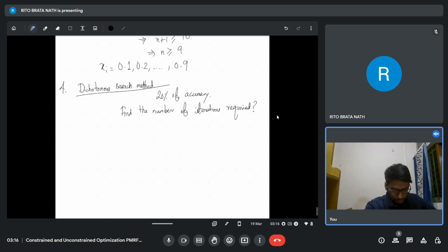In this problem, Ln is nothing but L naught by 2 to the power n by 2 plus, say, delta times 1 minus 1 by 2 to the power n by 2, and delta is very small.